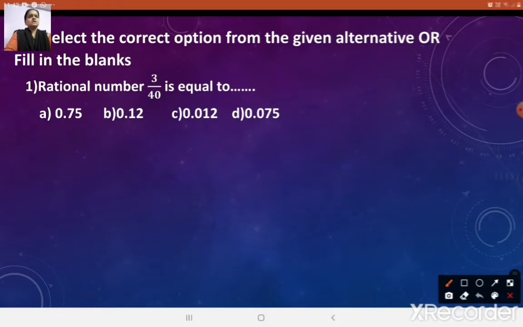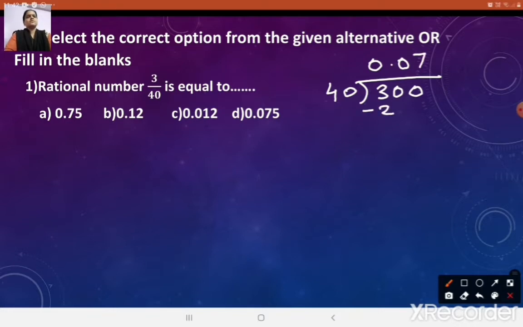So let us see here. I will show you the rough work also. Divide the number 3 by 40. We are not able to divide, so take the 0 and decimal point. Put the 0 over here. Can we divide the number 30 by 40 now? Not possible again. So take one more 0 and add one more 0 for the dividend. Now 4 7s are 28. This is all rough work.